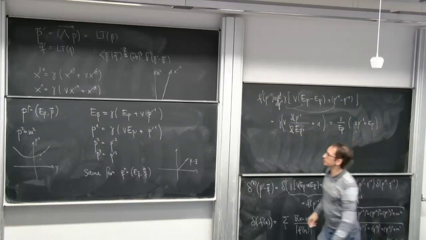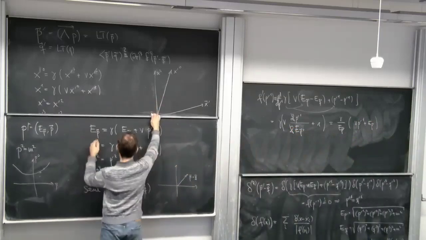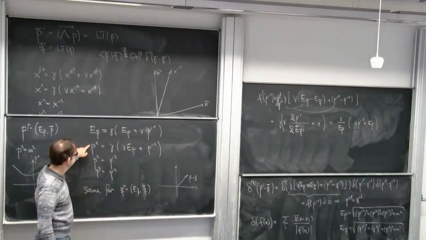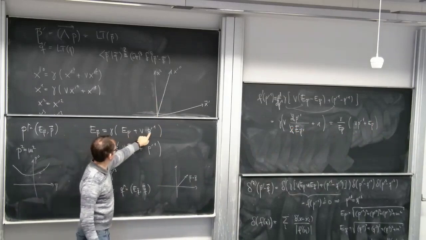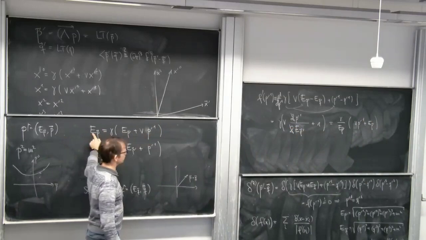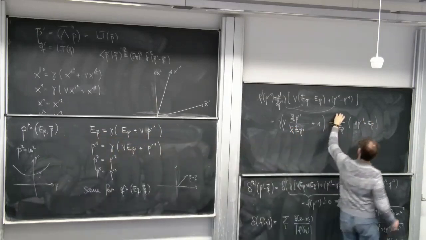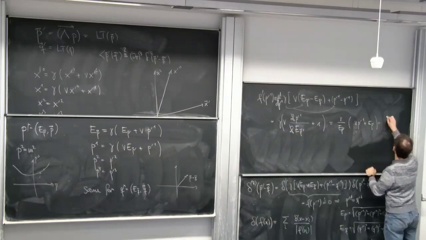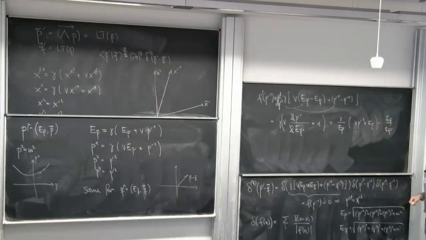And this is hopefully something we know. Where is it here? V p prime 1 plus E p prime, and the gamma is E p. So this and this is E P. So this is E P divided by E P prime.